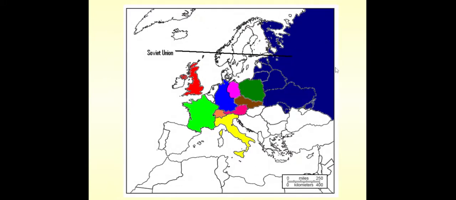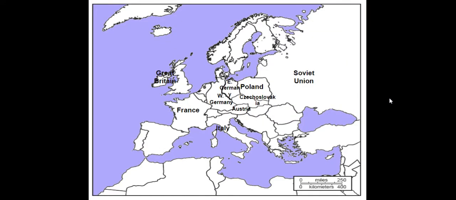And then the big guy over here is the Soviet Union. And notice the Soviet Union has extended its control over these territories right here. We'll talk more about those in just a second, okay? So these are the big countries in Europe that we're going to be dealing with, especially in this first introductory period on the Cold War. And there they all are again. All right, be sure you get those labeled.